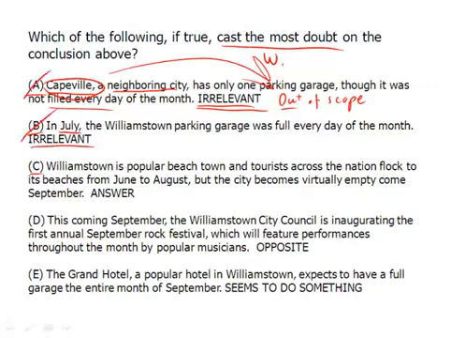Let's look at C. Williamstown is a popular beach town, and tourists across the nation flock to its beaches from June to August, but the city becomes virtually empty come September. Now, you can already see I've stolen your thunder because it says answer here. But ignore that for a second. Why is this the answer? Well, it's trying to tell us something about September, and how September differs from August.